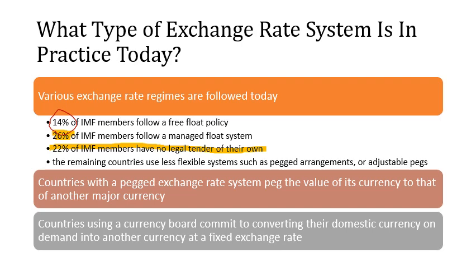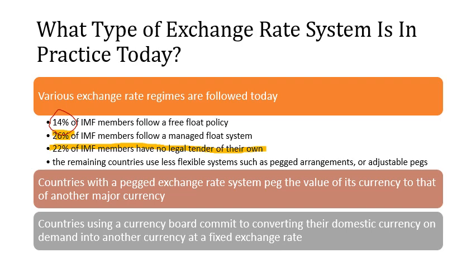Countries with a pegged exchange rate system peg the value of their currency to another major currency. Particularly in most of the developing countries, they have somehow pegged their currency against the US dollar, which was in practice in Pakistan as well.